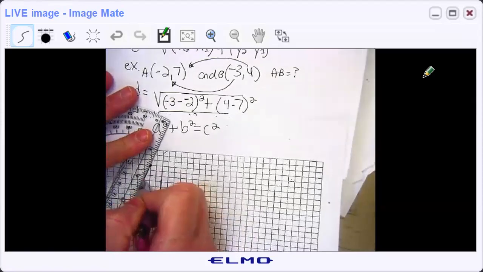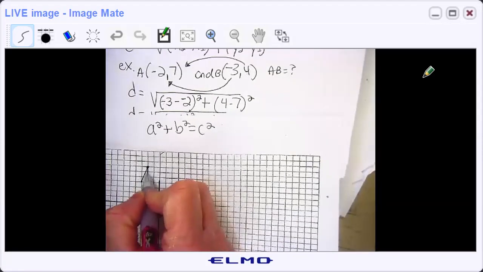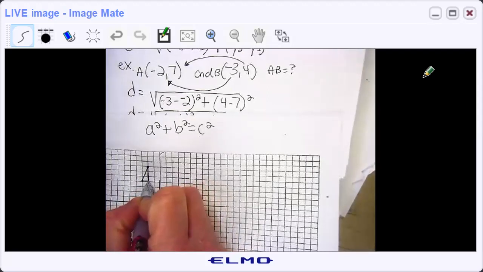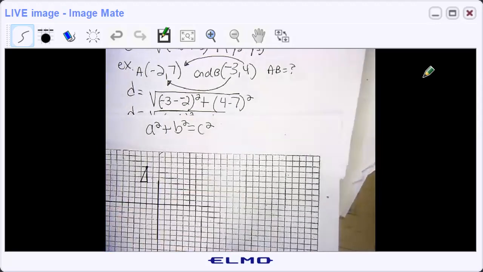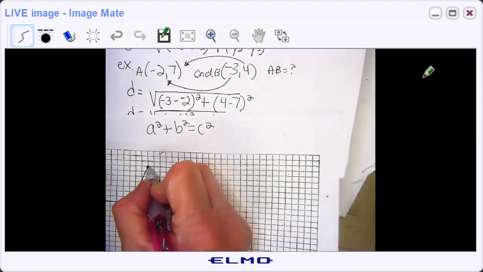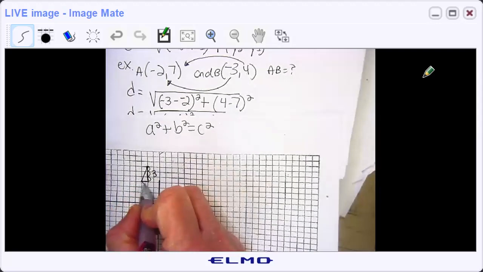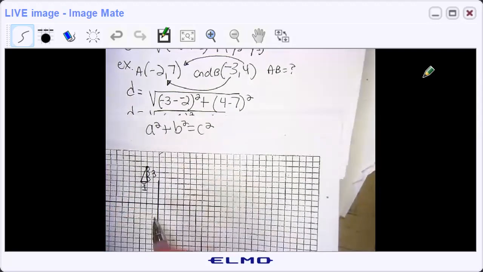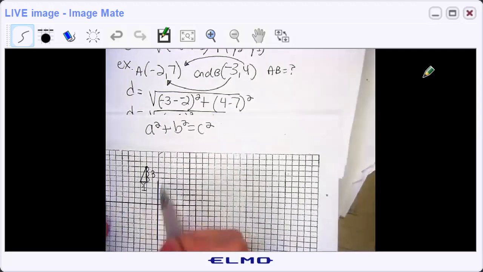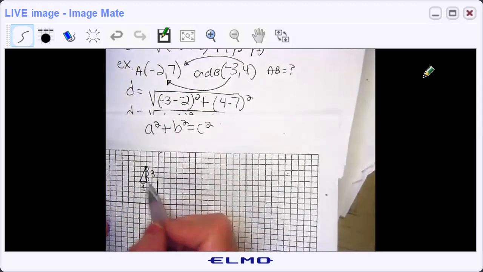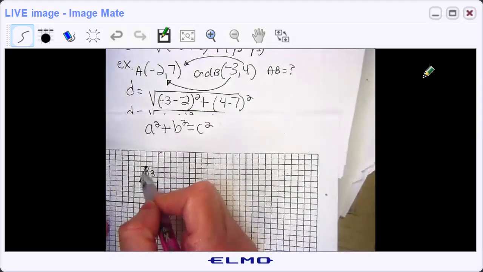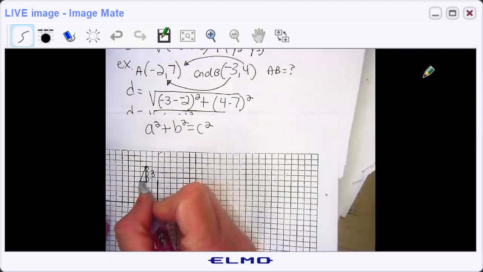So there's my segment I'm talking about. And when I make my triangle, remember, you're going to go down vertically and over horizontally until these two things meet, just like we did for midpoint. We're going to count 1, 2, 3, just like we did for midpoint, and 1. But instead of going halfway or doing any of that, that's not what we're asking for. We're not trying to find halfway. We're trying to find how long this is.